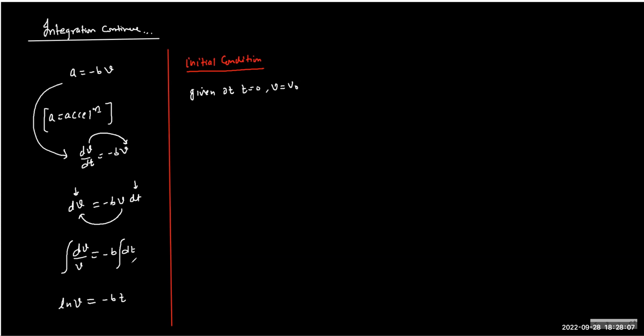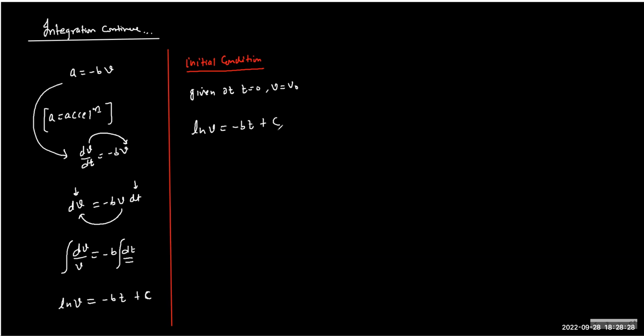What is the integration of dt only? It is t. And because we haven't put the limit, we have to add plus c, because we are not aware about the condition. So what you get is ln v is minus bt plus c.